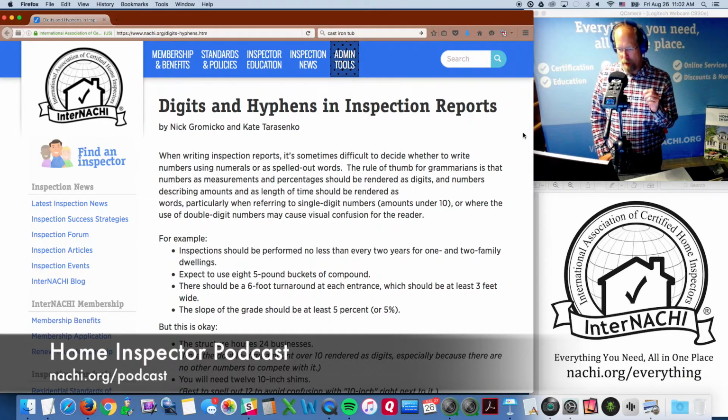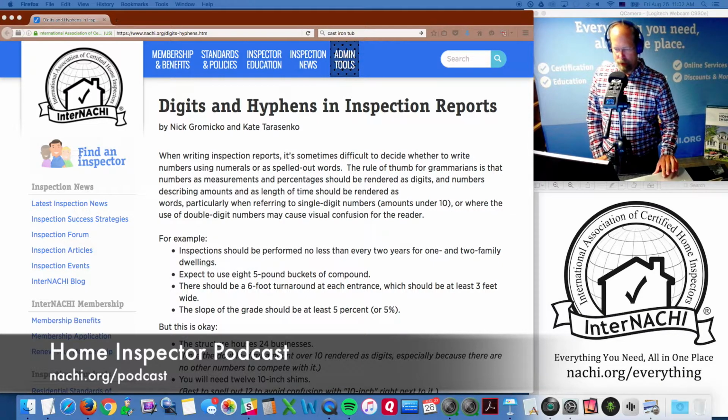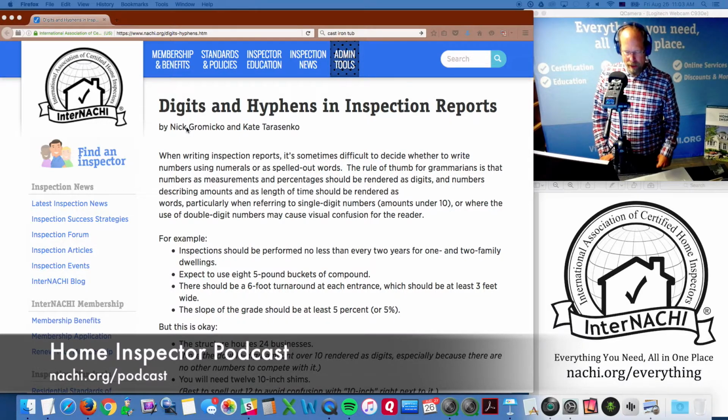Now, when writing home inspection reports, it's sometimes difficult to decide whether to write numbers using numerals or spelled out as words. So, there's a rule of thumb for home inspectors, and that is numbers as measurements, like 2-foot turnaround, 5-pound bucket, it's 6 feet long. Those are measurements.